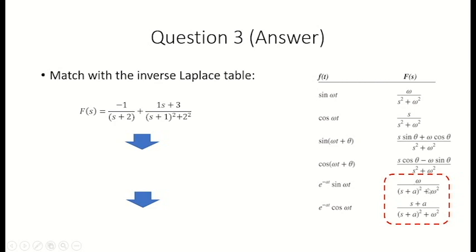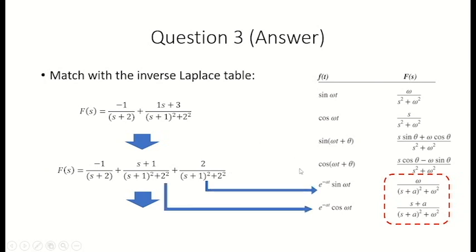So we have to further decompose the equation to match the form in the table. After decomposing, we find that we can rewrite the F of s just like what is shown in the slide, and now we can see that the a matches and also the omega matches, so we can use these two here to transform our F of s into F of t.